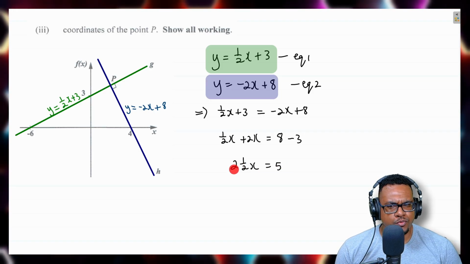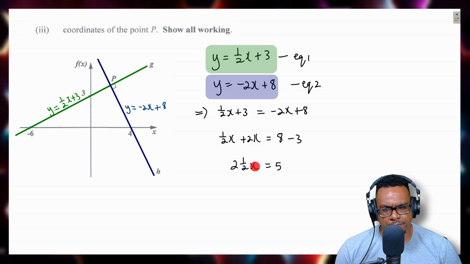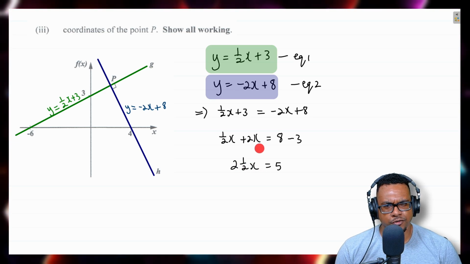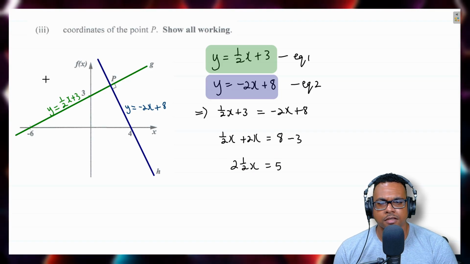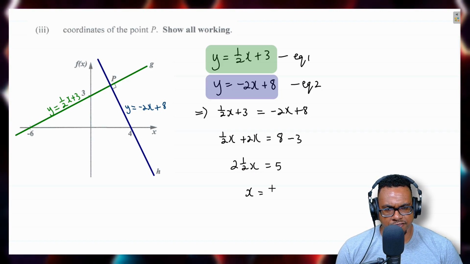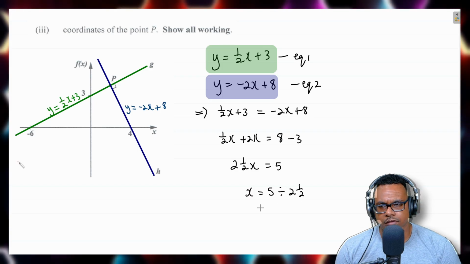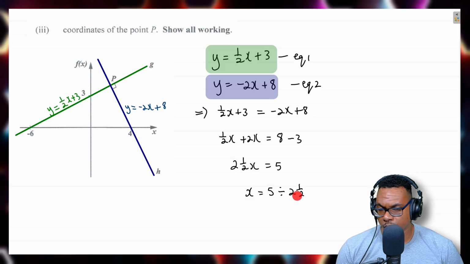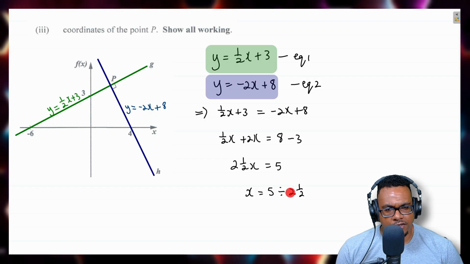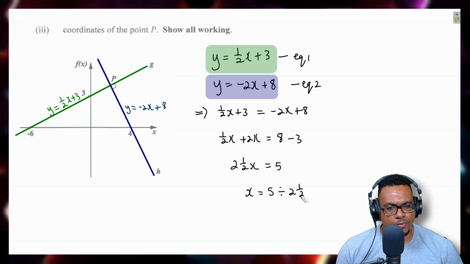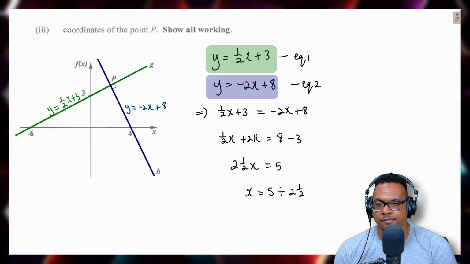So we have this 2.5 here being multiplied by x. And remember, we want to solve for this x. So if we transfer 2.5 across the equal sign, the operation will change from multiplication to division. So we'll get x is equal to 5 divided by 2.5. Now we could type this into the calculator and work it out one time, or we could convert this to an improper fraction. 2 times 2 is 4 plus 1 is 5.